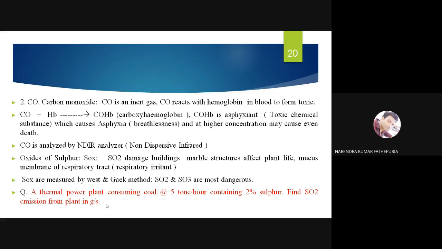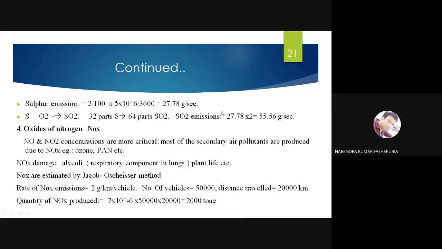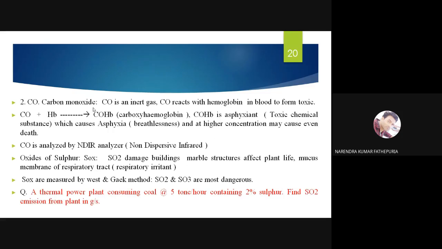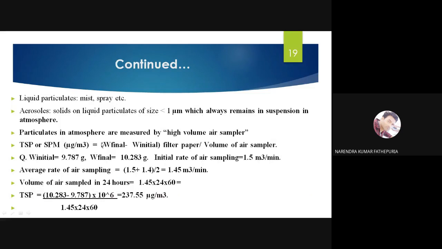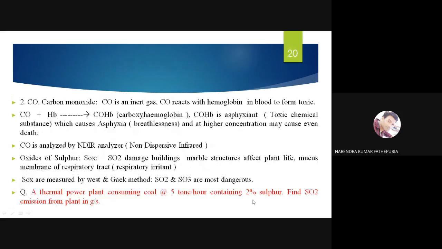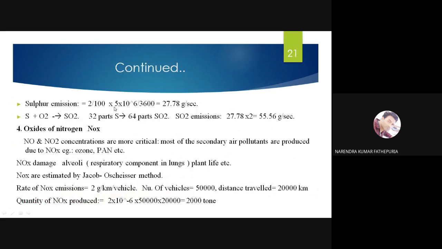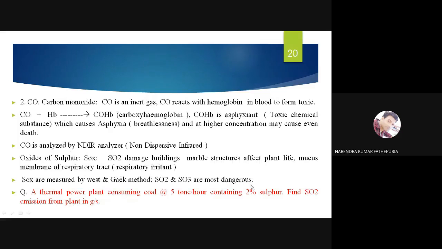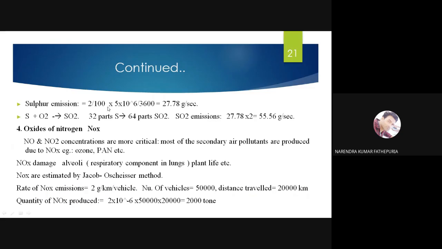So there is a coal thermal power plant. 5 tons of coal is required per hour, and it contains 2% sulfur. You have to measure the sulfur dioxide emissions. You can measure it like this: 2% means 2 by 100, multiplied by 5 tons per hour, so 5 into 10 to the power 6 grams divided by 3600 seconds.